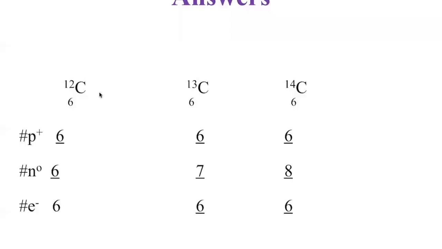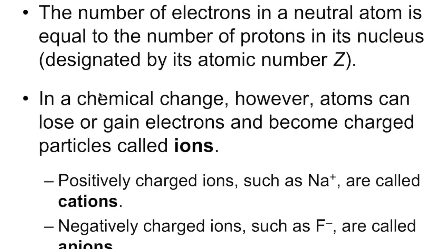Okay, now we are going to introduce another topic, and that is going to be ions. The word ions means it carries a charge. Now that charge is going to be positive or negative, okay? If it's positive, that means it's a cation.